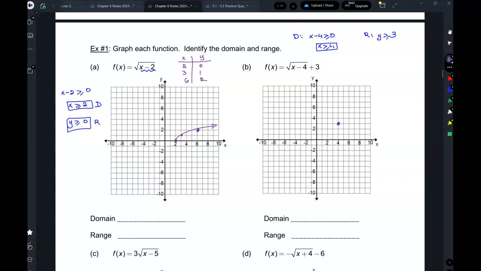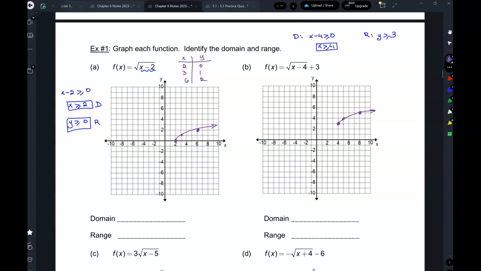So if I go over 1, how much do I go up? Root 1, which is 1. Now, I'm not going to go over 2, but if I go over 4, I go up how much? 2. If I go over 4 units, 1, 2, 3, 4, I go up 2. Do you see how much quicker that is to graph like that?